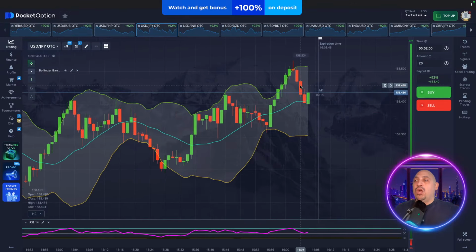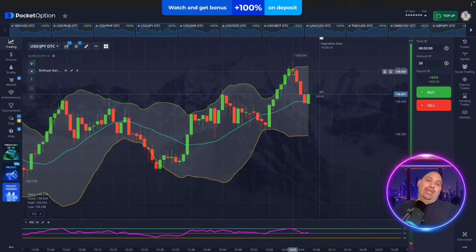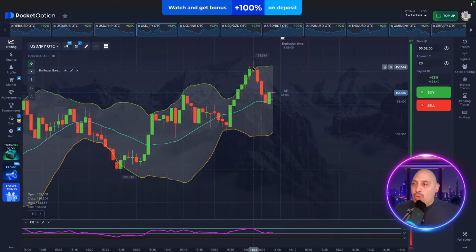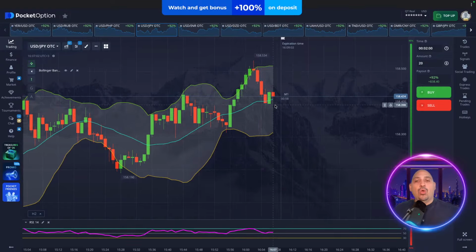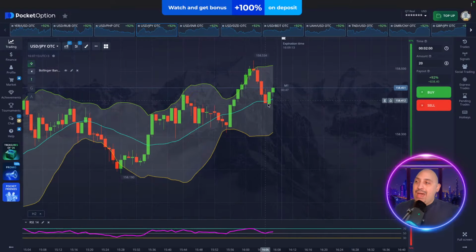But the best part would be if we have a pierce of the upper band or the lower band, we need to see that wick. And that wick is the one that gives us a signal that a correction or a change in direction might happen, in combination with my RSI, as you can see here. That would be the best case scenario when to place a trade, just like what happened here.